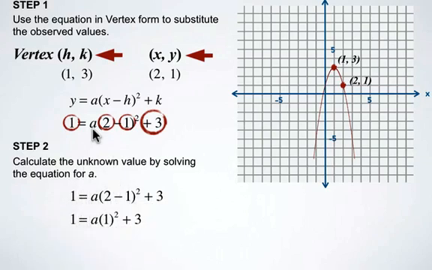That's 1 equals a times 1 squared plus 3. 1 equals 1a plus 3. Therefore, 1 minus 3 is equal to a, and negative 2 is equal to a. So we've identified our a value.